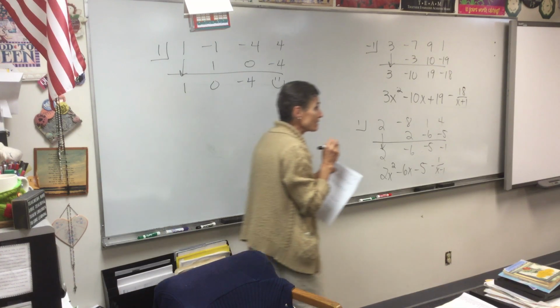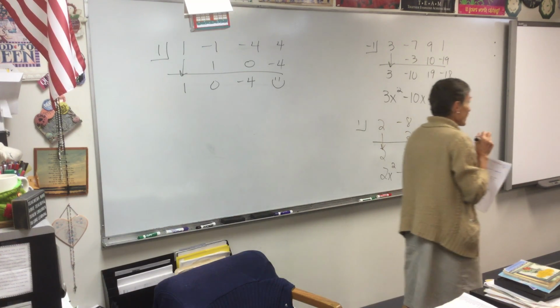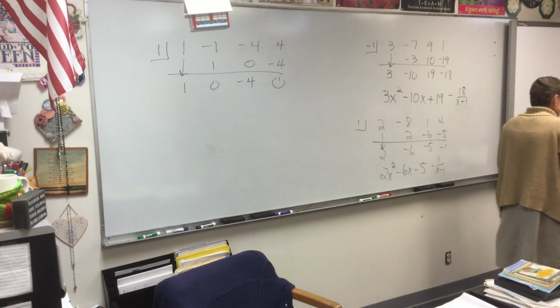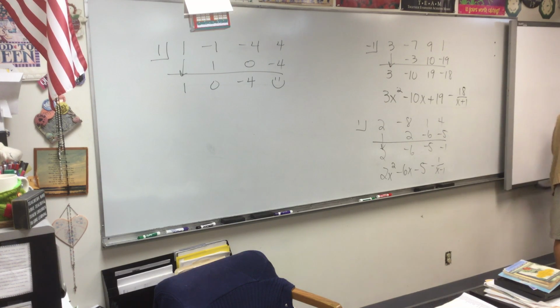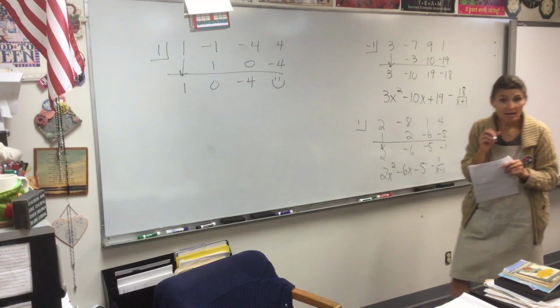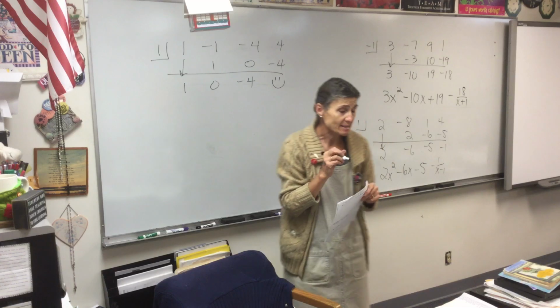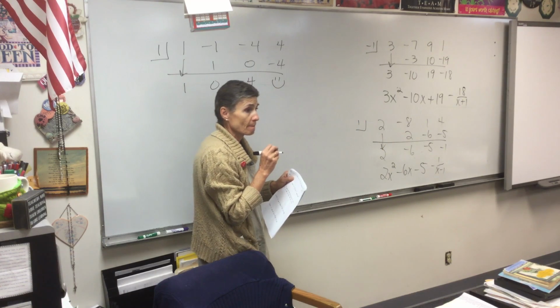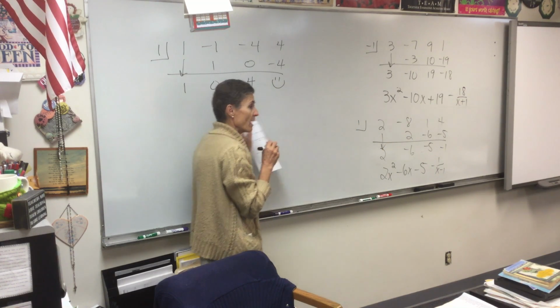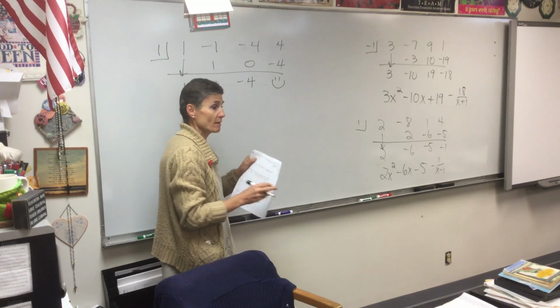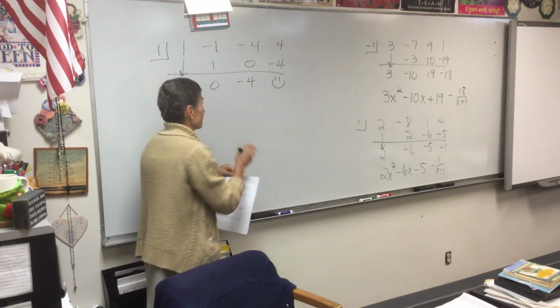Why is it a factor? Because when I did the division, the remainder turned out to be zero. And if the remainder is zero, you have found a factor. Now that's exciting. What's the shortcut? That didn't take very long, but there is another method. What else could I have done?